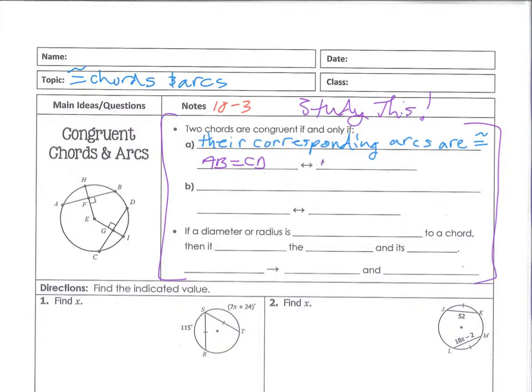If and only if the measure of arc AB, make sure that's definitely a curve, is equal to the measure of arc CD. And vice versa. So remember that this is an if and only if statement. So if we find that the measures of the chords are equal, we can conclude that the measures of the arcs are equal. If the measures of the arcs are equal, we can conclude that the measures of the chords are equal. So it works forwards and backwards. The converse and the normal statement are true.